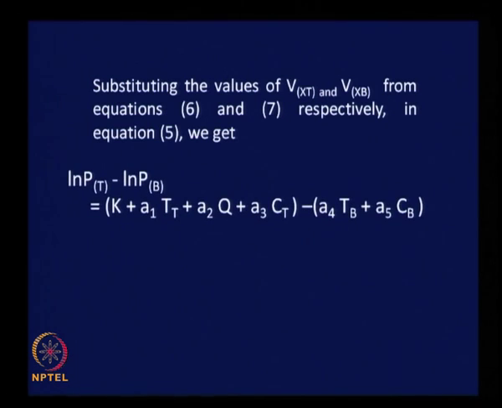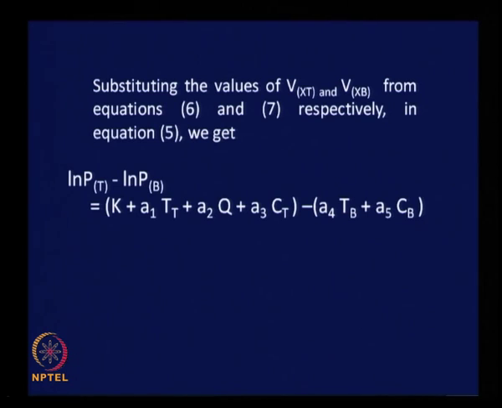We get ln of Pt minus ln of Pb to be equal to the first utility part for train, K plus A1 Tt plus A2 Q plus A3 Ct, minus A4 Tb plus A5 Cb, clear.